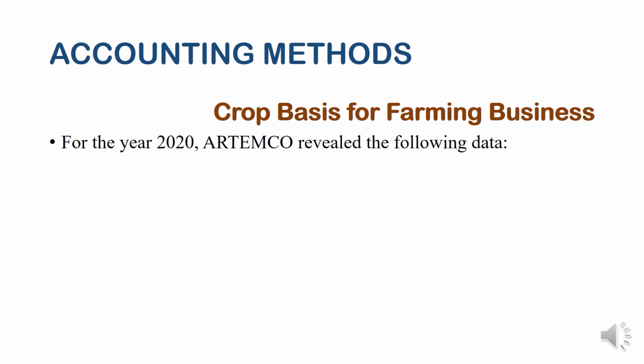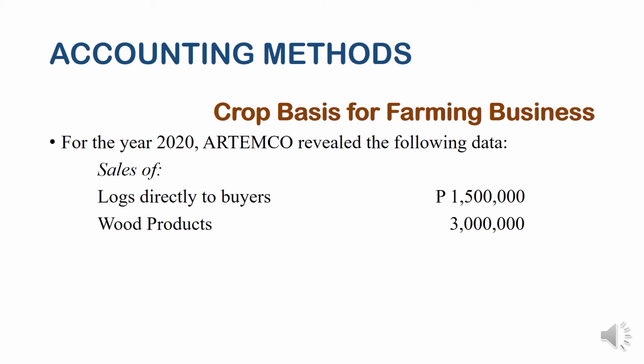For the year 2020, Artemco revealed the following data. Artemco had sales of logs directly to buyers, these are the logs which do not undergo process, 1.5 million. And we have also the processed products, the wood products, for 3 million.